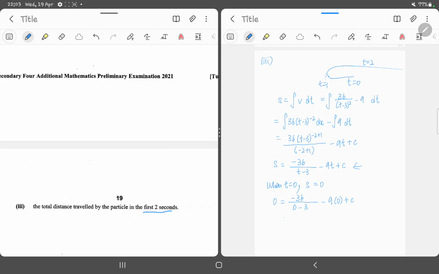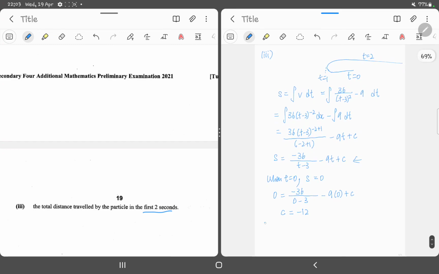So this means that c is actually equal to minus 12. So we get that the displacement equation is s equals minus 36 over t minus 3 minus 9t minus 12.